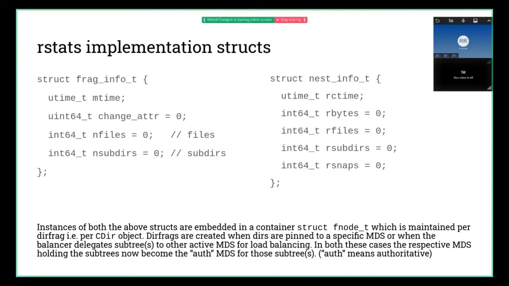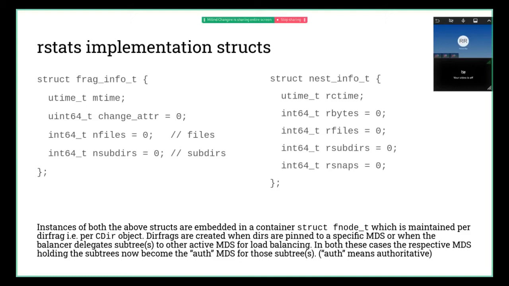Statistics for entries more than one level deep are accumulated in the structure called nest info. Both of these structs are embedded in a container struct called fnode_t, which is maintained per dirfrag, or per cdir object.